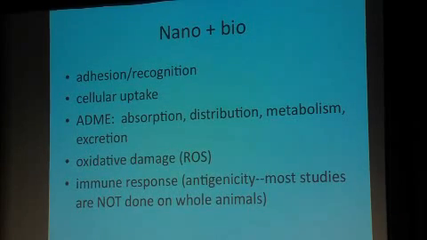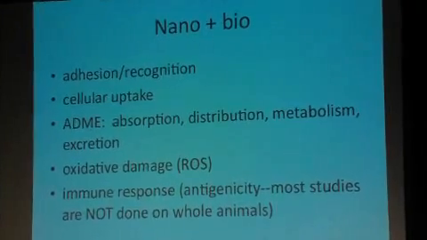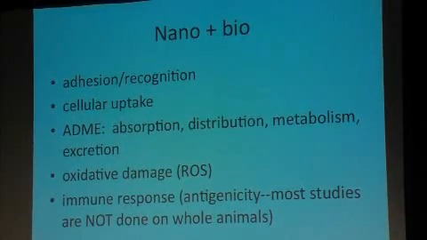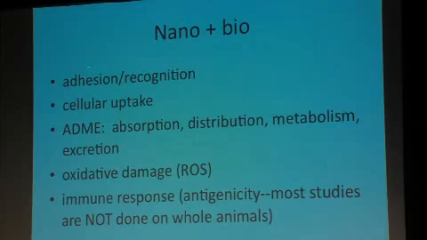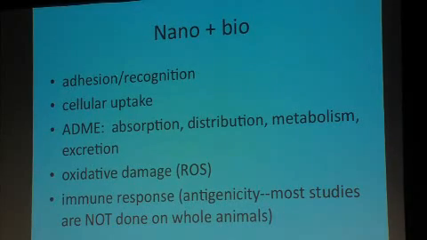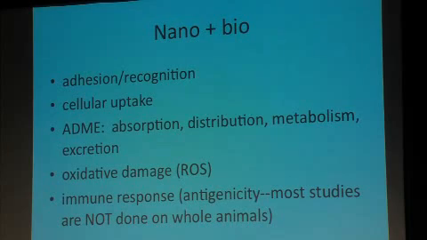Okay, when we combine nanomaterials and biological materials, then the level of complexity steps up, because now you have to consider a lot of issues. You have to worry about nanoparticles sticking to your biological system.